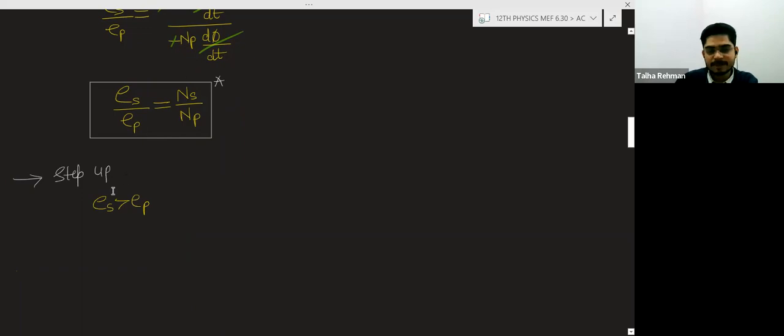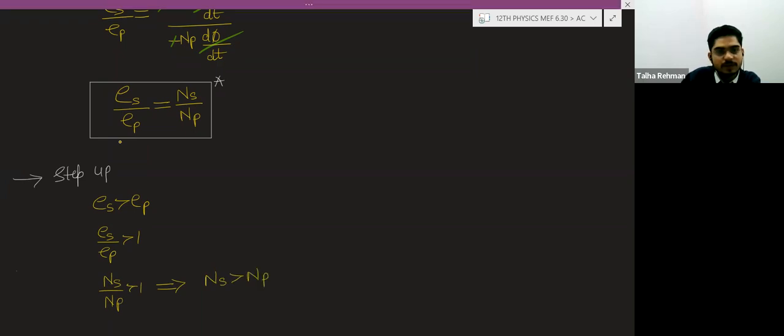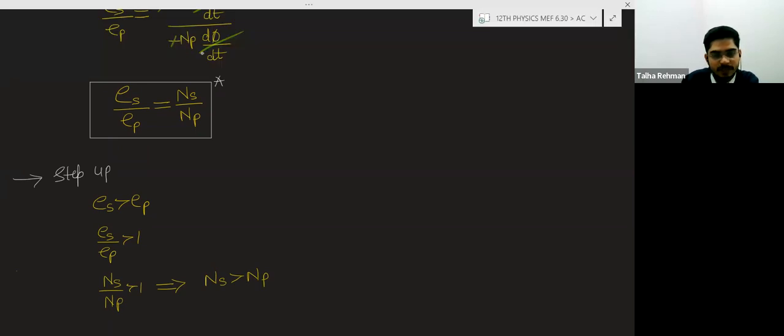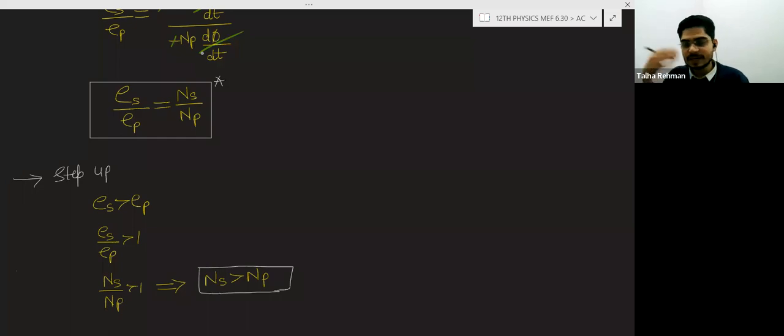So ES divided by EP is greater than 1, and ES by EP is NS by NP. So NS by NP is greater than 1. The number of turns in the secondary coil must be greater than the number of turns in the primary coil. This is the case of the step up transformer.